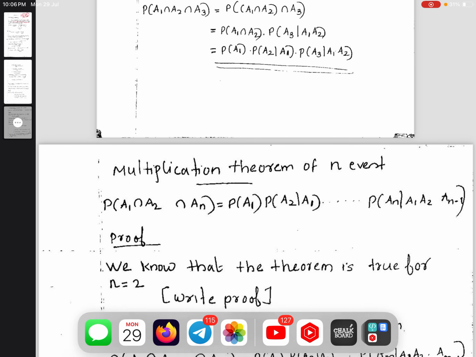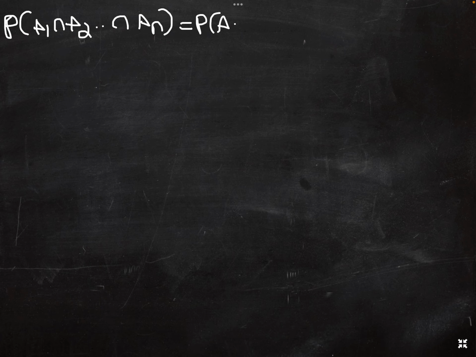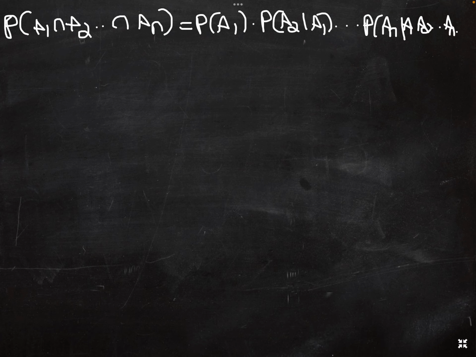The multiplication theorem of n events states that the probability of A1 intersection A2 etc. intersection An is equal to probability of A1 into probability of A2 given A1 etc. probability of An given A1, A2 etc. An minus 1.